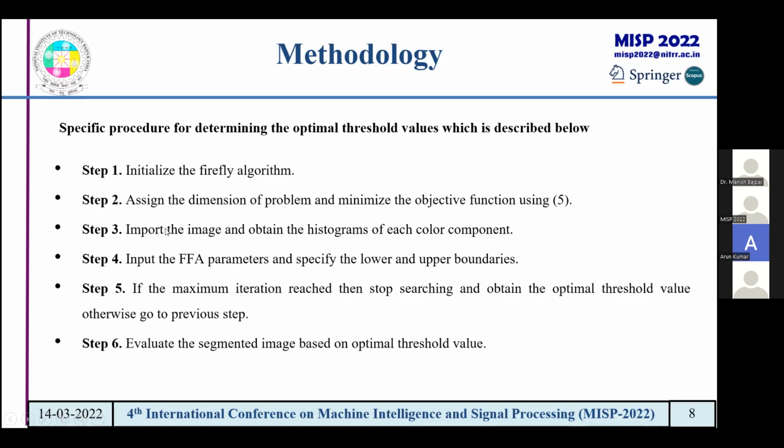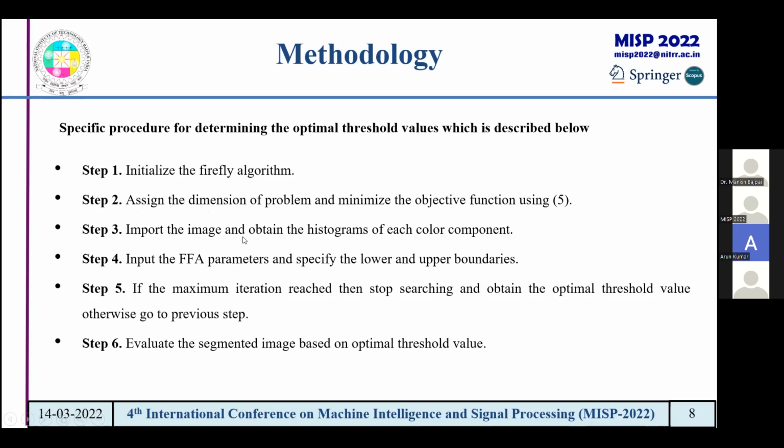These are the basic steps to find the optimal threshold value. Step 1, first initialize the Firefly algorithm. Then we assign the dimension of the problem and minimize the objective function using equation 5. We import the images and obtain the histogram of each color component like red, green, and blue.